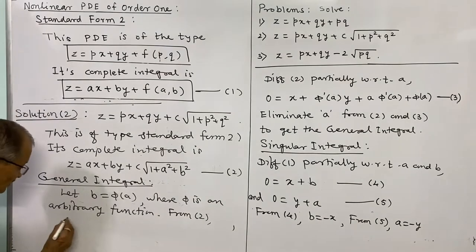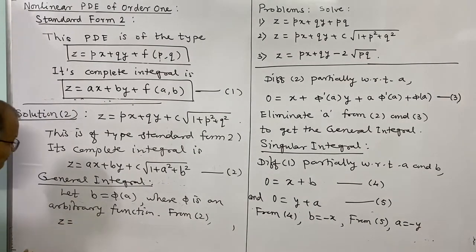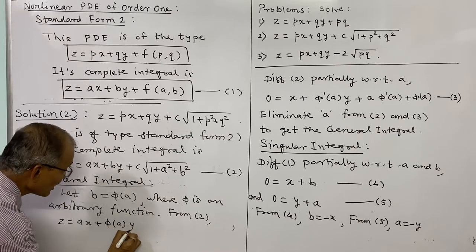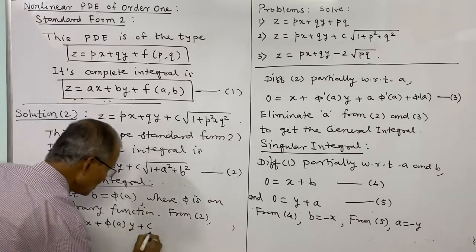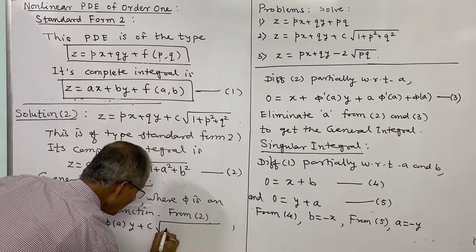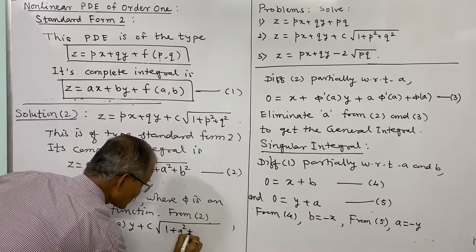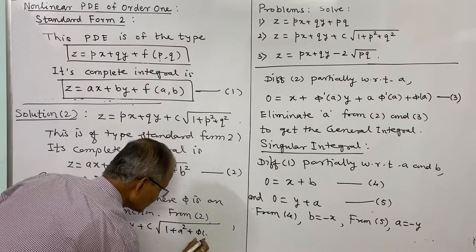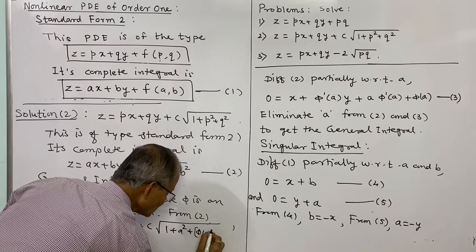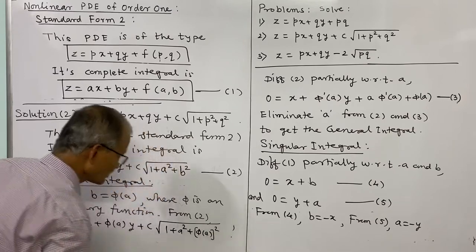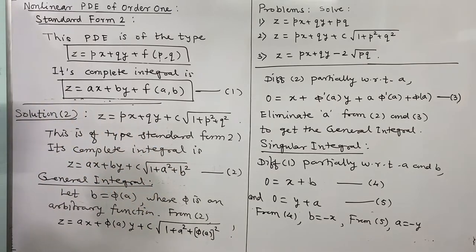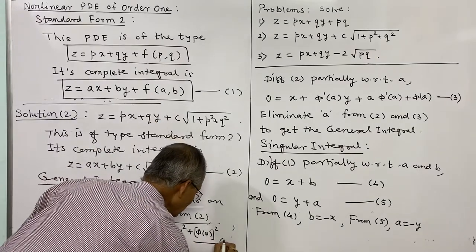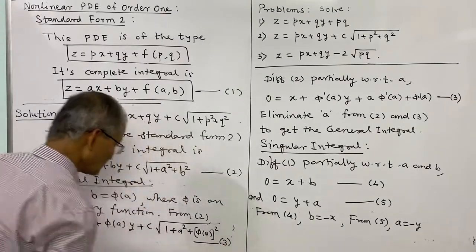So that we get z is equal to a into x plus phi of a into y plus c into under root 1 plus a square plus phi of a whole square. And this is say the third equation.